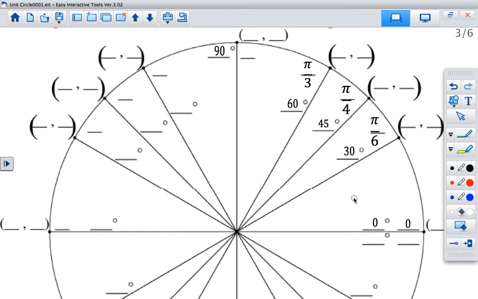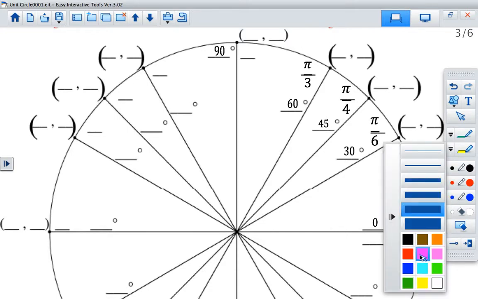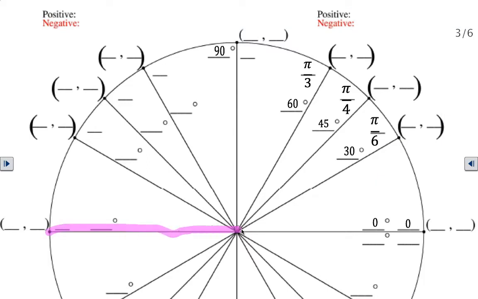Okay, so let me just tell you how the unit circle is broken up. So the first thing that happens is you break the unit circle into quarters. So here, just a line straight this way, that's halves, and then a line straight down, your x and y axis. You've broken the unit circle into quarters.